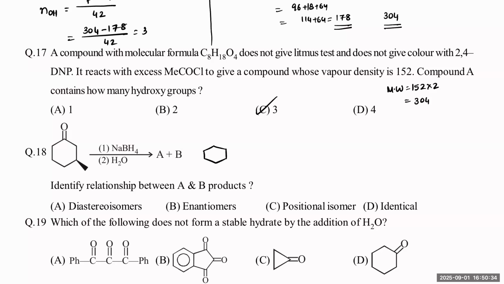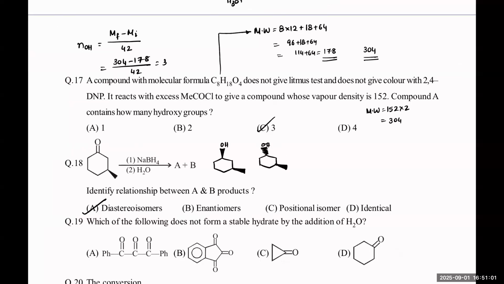In that chiral center, this configuration is not changing, but here I can make the OH come outside, and here I can make the OH go inside this way. These are the products you can get. What are these two products? Diastereomers, because they are not mirror images of each other. So what would that be? Diastereomers.